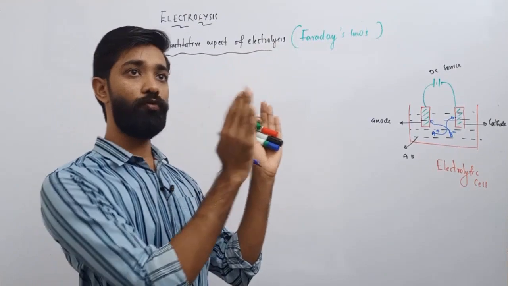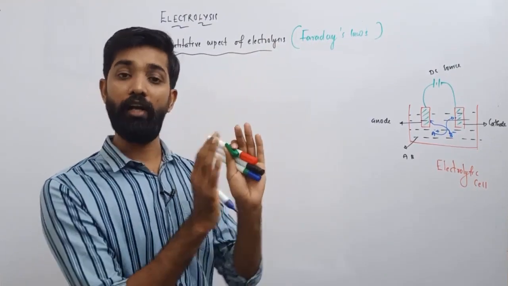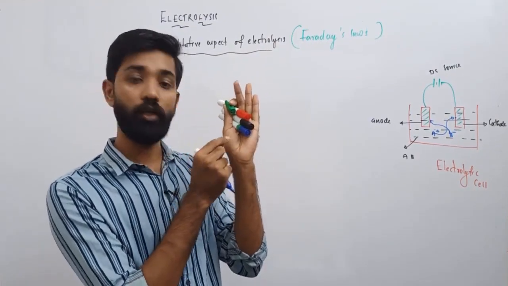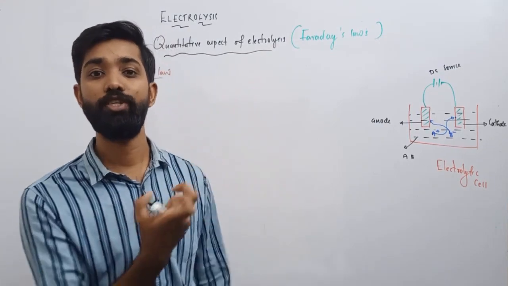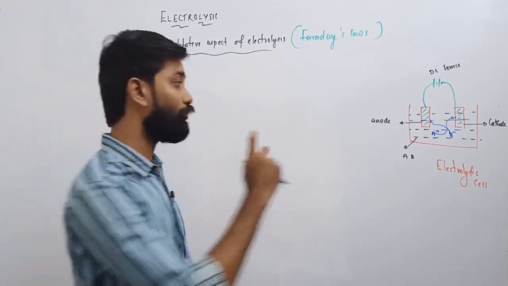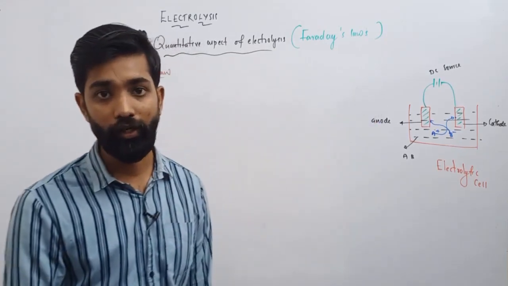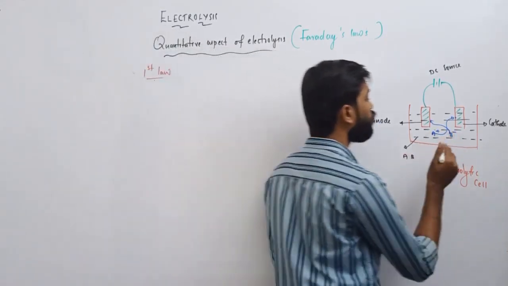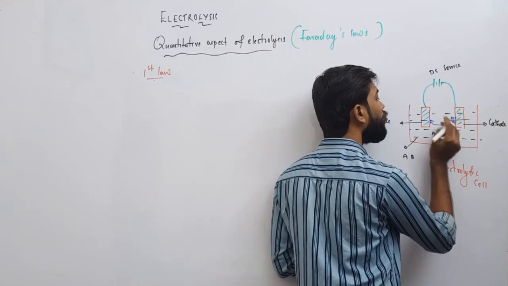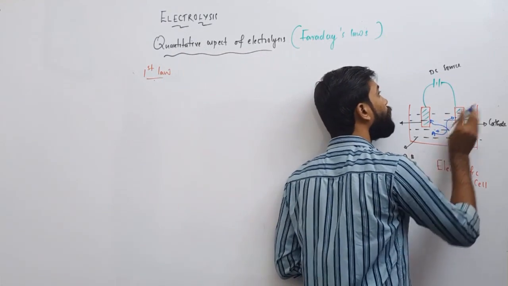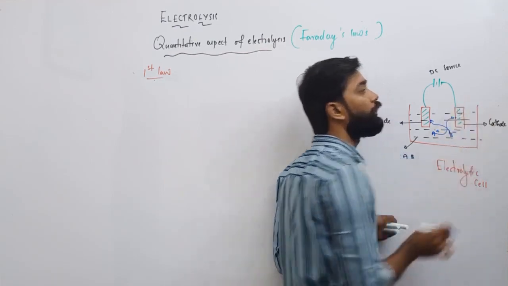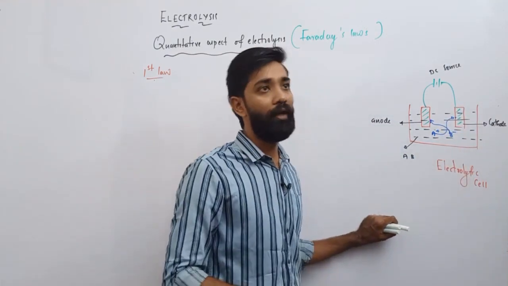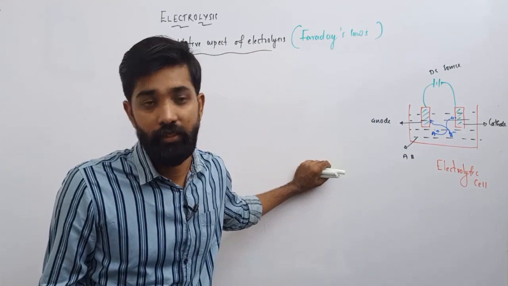If 100 molecules of A are deposited, it means 100 A particles are coated on that electrode, so the mass of that substance has increased. So during electrolysis, some mass of the electrolyte may be deposited on the corresponding electrode. And what about that mass?